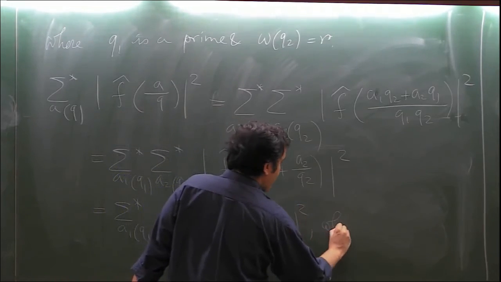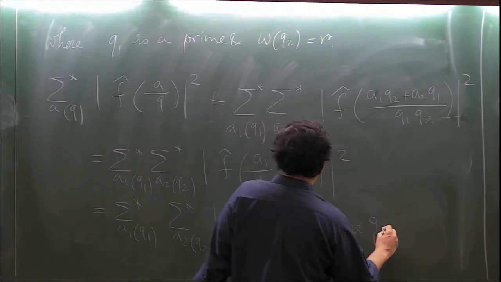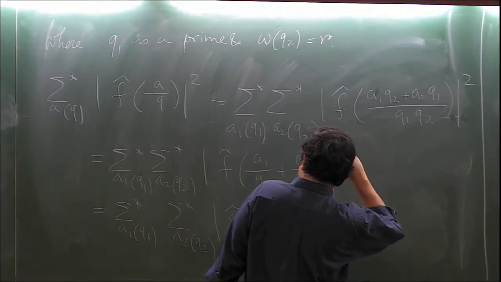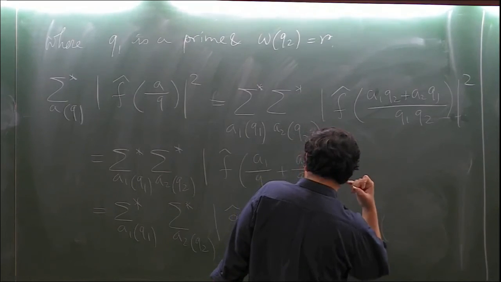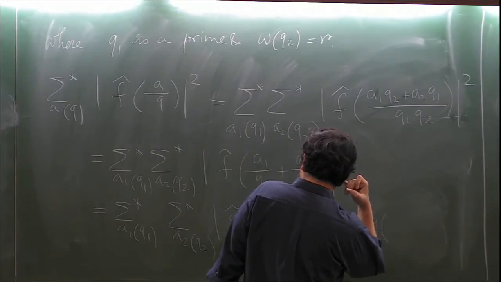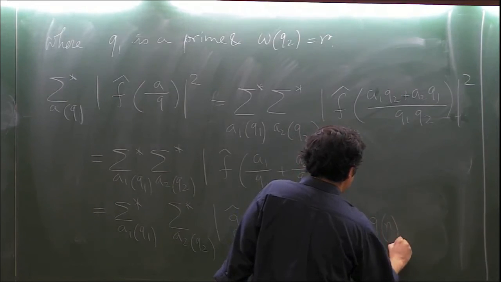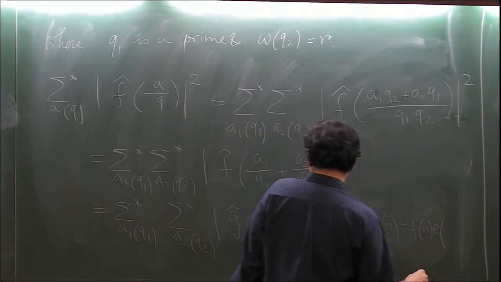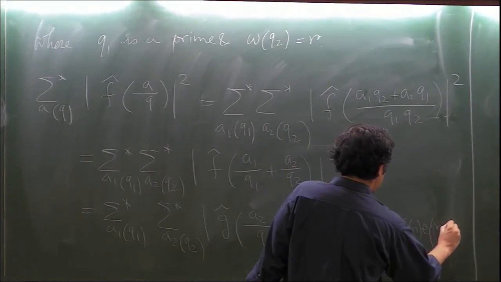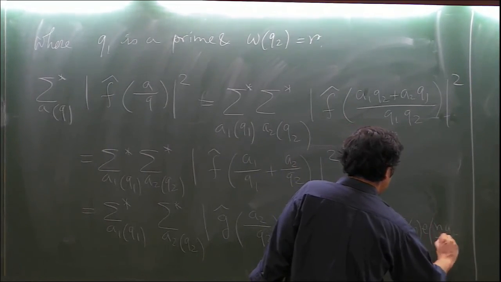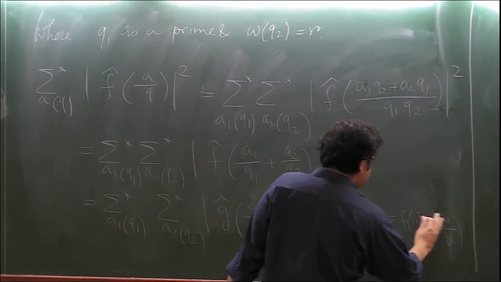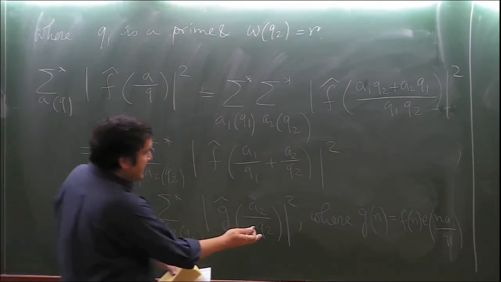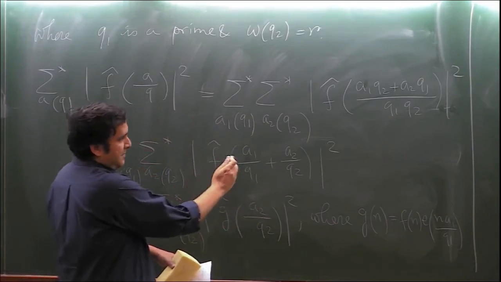Well, G is just Gn is Fn times E of n A2 by Q2, n A1 by Q1. So it's just a shift. Then G hat of this is precisely F hat of this thing.